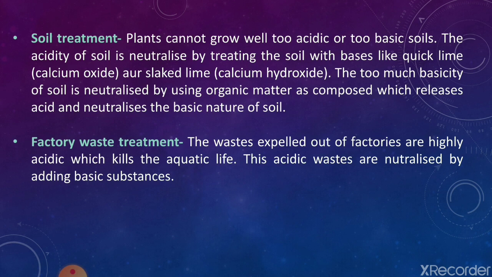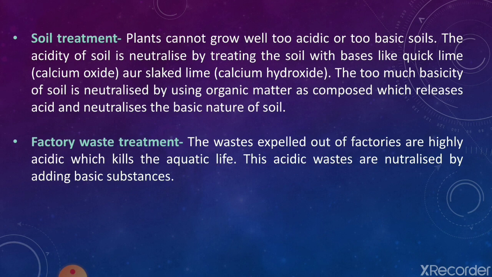How does the soil become excessively acidic? Because of the excessive use of chemical fertilizers, which increases the acidity of the soil and is not at all suitable for proper plant growth. Plants cannot grow well in soil that is too basic either.